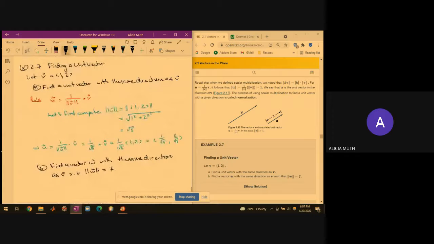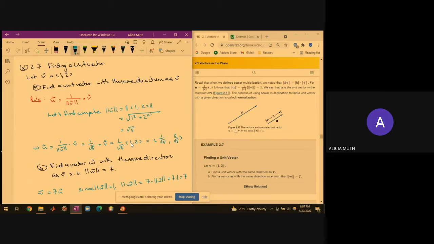So all we have to do to figure out w is to multiply 7 by our unit vector. Since this has a magnitude of 1, the magnitude of w is equal to 7 times the magnitude of u, which is equal to 7 times 1, which is 7.